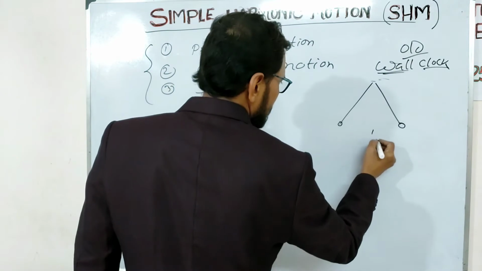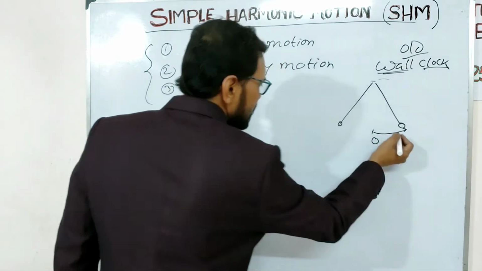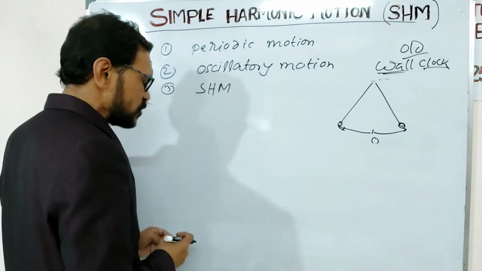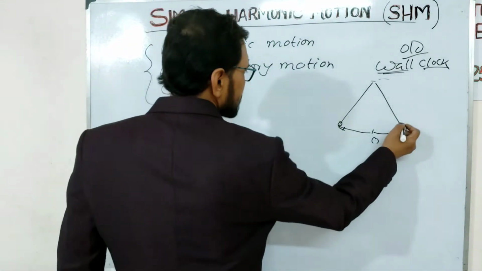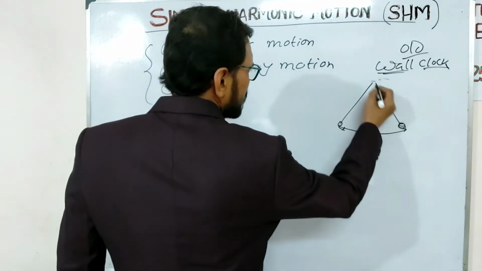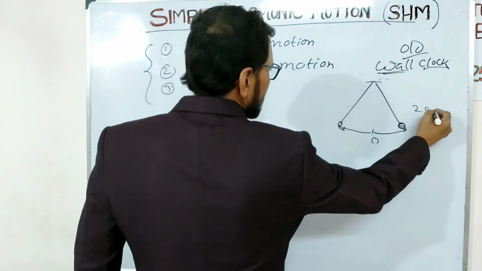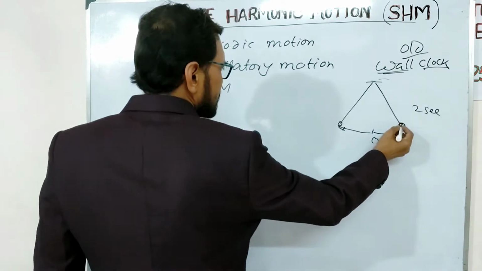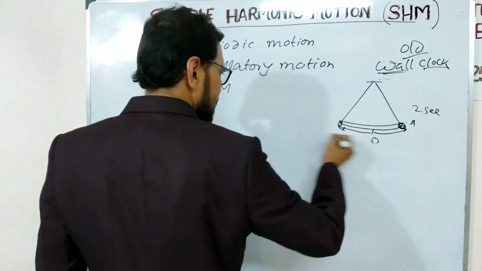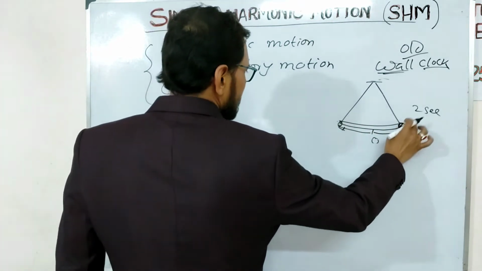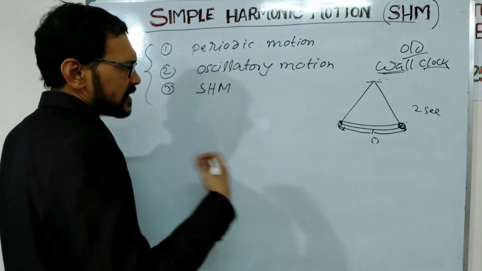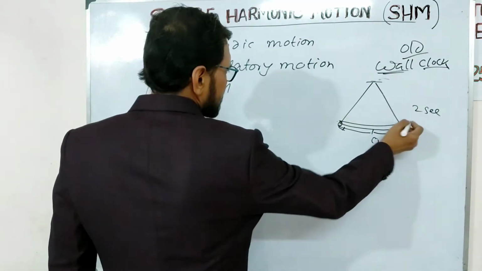There is a mean position, and from the mean position the bob of the pendulum oscillates, and after every equal interval the particle comes to its same position. Suppose the time period of this pendulum is 2 seconds. After every 2 seconds the bob comes here, and again after 2 seconds the bob comes here. So after every 2 seconds the bob comes to this position.